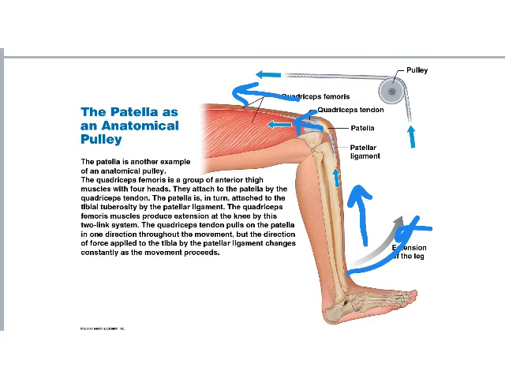So the way your body gets around that is it uses the patella as a pulley. The patella becomes the pulley, and the quadriceps tendon goes right around, even through that patella. It attaches on either side, so that when the quadriceps contracts in this direction, because the tendon has changed directions because of the patella acting as a pulley, it's able then to cause a force in this direction, which lifts the leg.